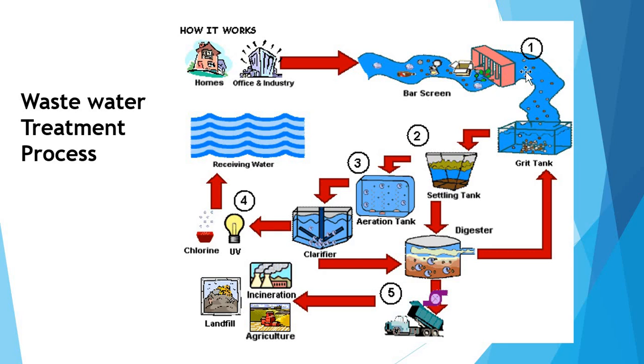The particles which are heavy and denser escape the bar screens and are collected in the grit tank. From the grit tank, particles having less density and suspended organic matter are collected in the settling tank. Up to this point, the process is called primary treatment, and after this the sewage enters the aeration tank, in which the secondary treatment starts.